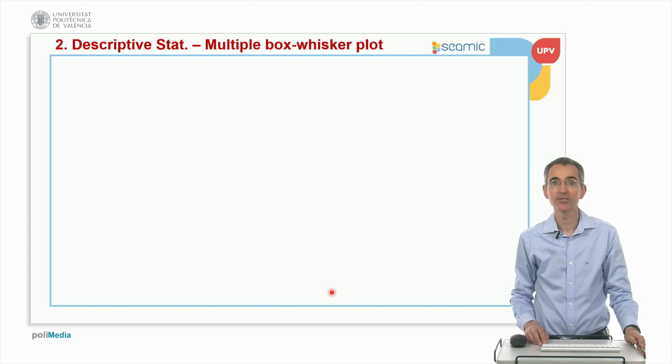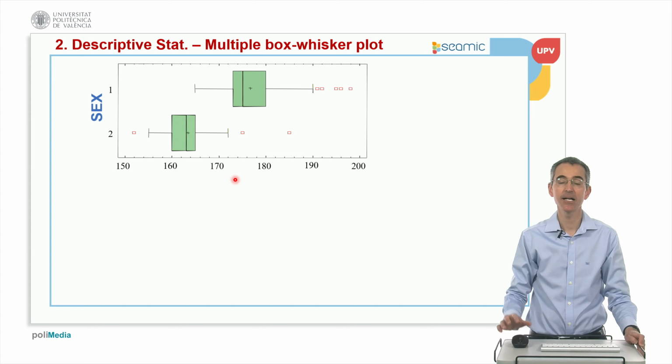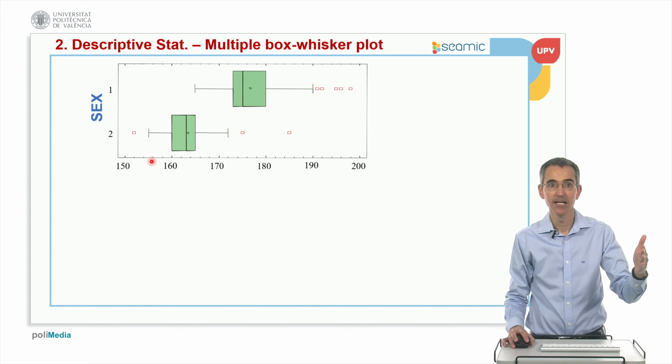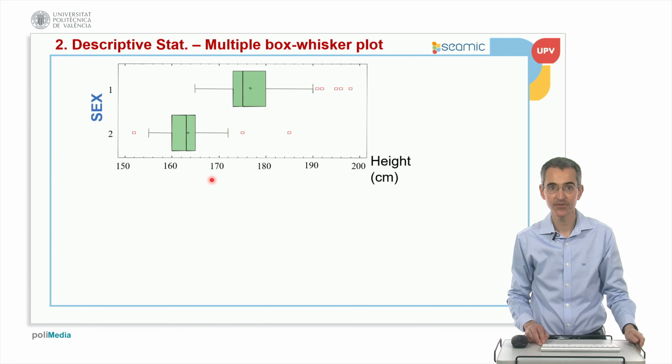Okay, now I'm going to talk about what are called multiple box and whisker plots. For example, imagine that here I have the heights of a set of students. Some of them are men, some of them are women, so the code 1 corresponds to men, the code 2 corresponds to women, and then here we can see clearly the differences.